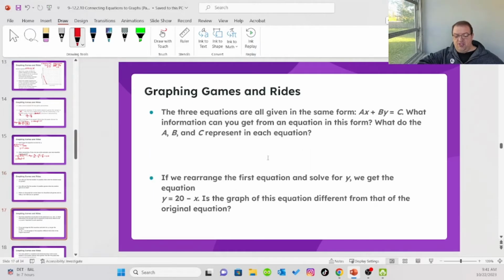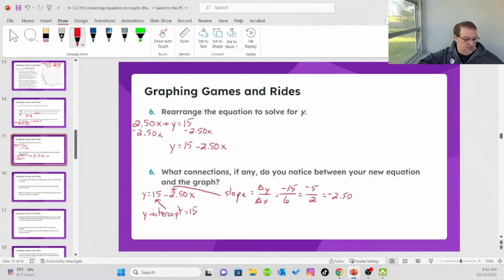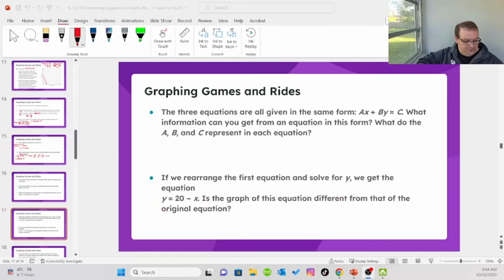The three equations are all given in the same form: ax plus by equals c. What information can you get from an equation in this form? What do the a, b, and c represent in each equation? So if we think about the original equations, there is a pattern that you might have noticed.